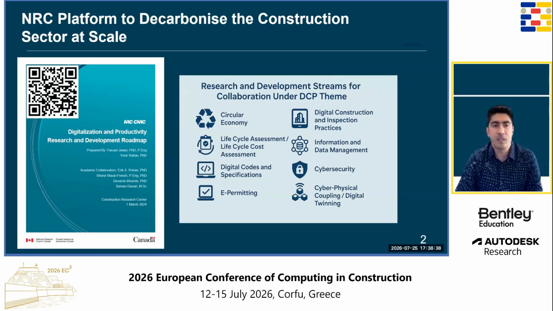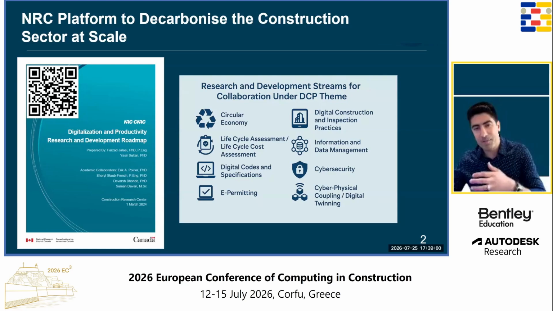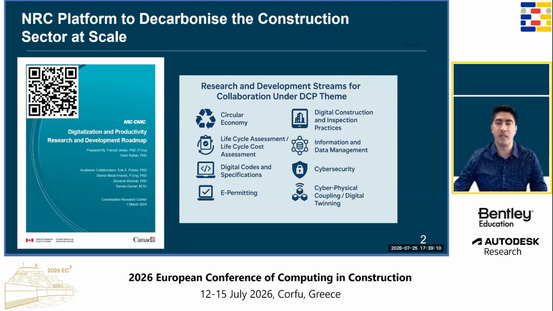The main areas that we are focusing on are circular economy, life cycle environmental and cost assessment, digitalization of codes and permitting, and all kinds of data management during the life cycle, and how to translate the digital signals into physical actions by adopting modern methods of construction, and cyber physical systems.